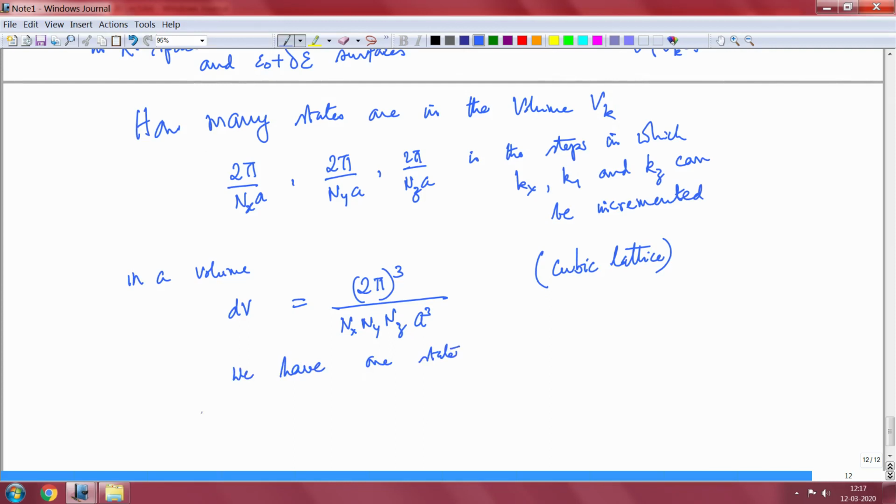Okay, or 2 electrons can be filled in one state, one of upspin and one of downspin.